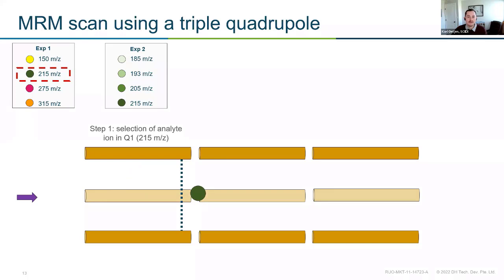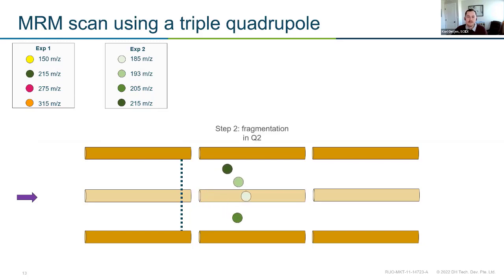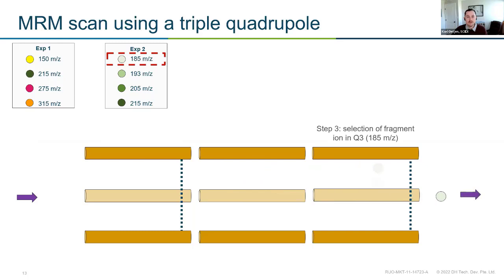We're allowing that compound to enter the collision cell, or Q2, where fragmentation is taking place. We're creating our fragments, and then we're going to use the third quadrupole to filter for a specific fragment, in this case that 185. So pretty straightforward. We've talked about it a bunch at this point, but very specific.